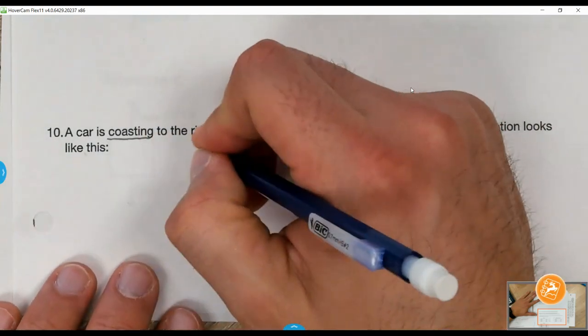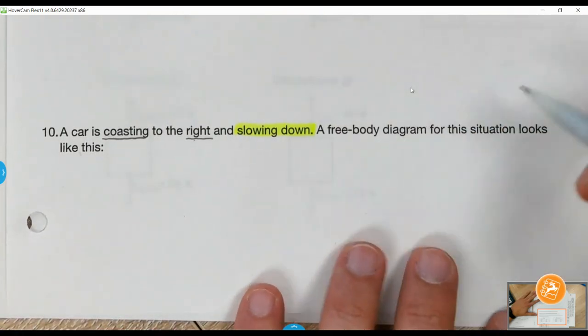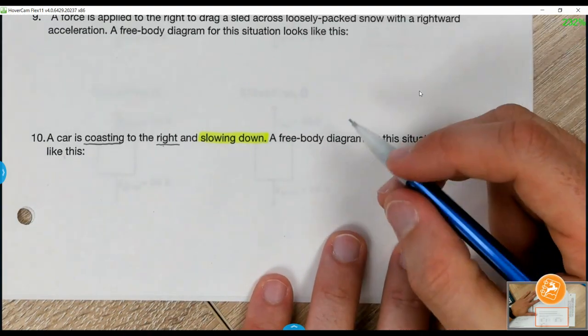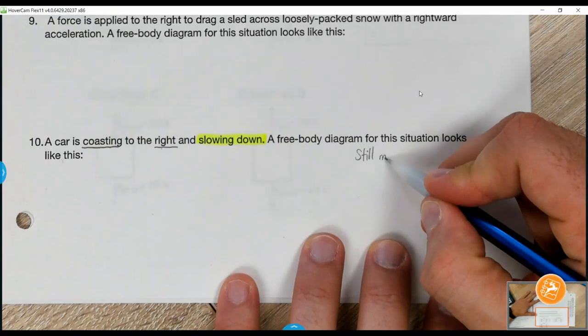All right, so we're coasting to the right. So this thing is moving to the right, but it's slowing down. So I'm going to write this off on the side because this is the interpretation of that. Okay, we are still moving to the right.